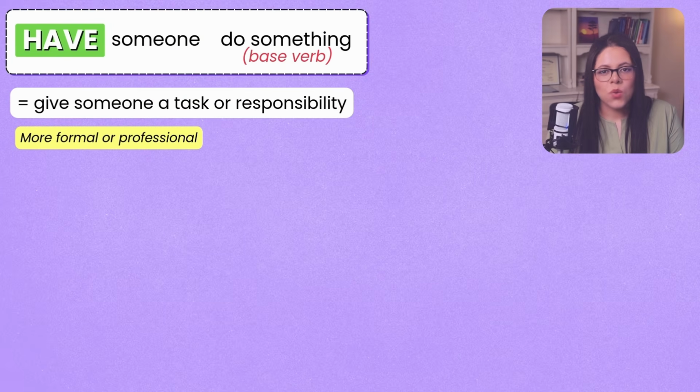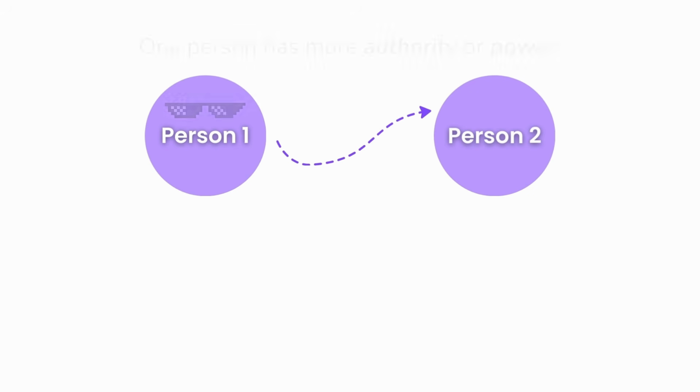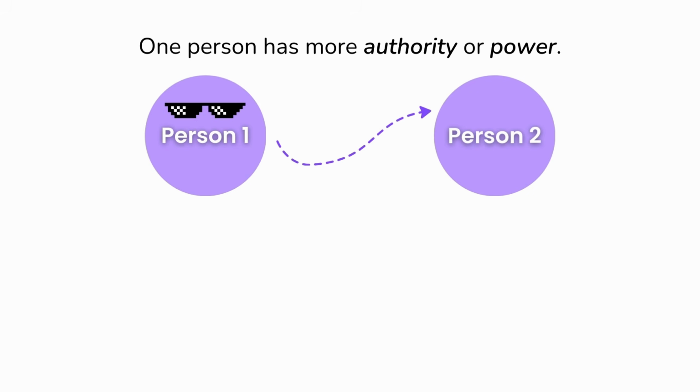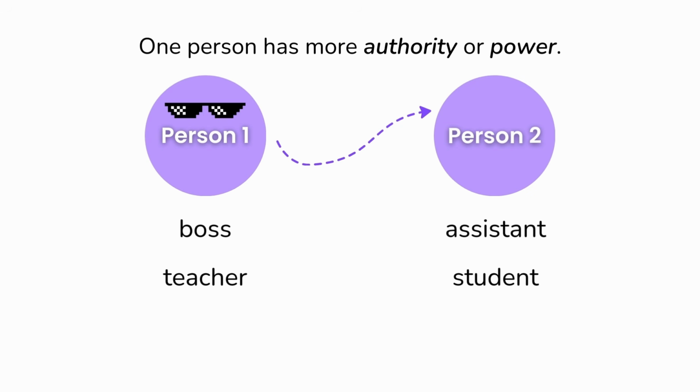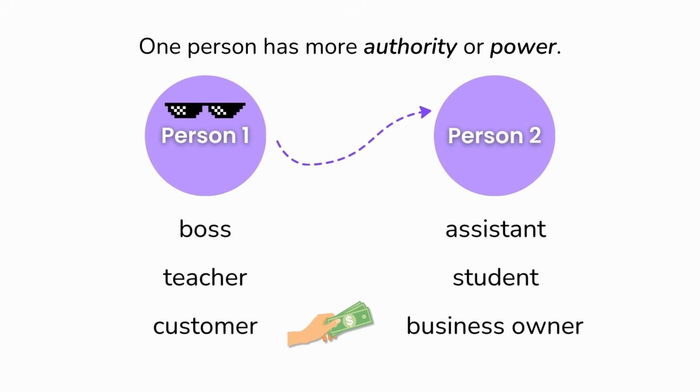You'll also notice that one person usually has more authority or more power in the relationship. For example, a boss and an assistant, a teacher and a student, a customer and a business owner. In this situation, the customer has a little more power because they're paying money for a service and giving that responsibility to the business owner.